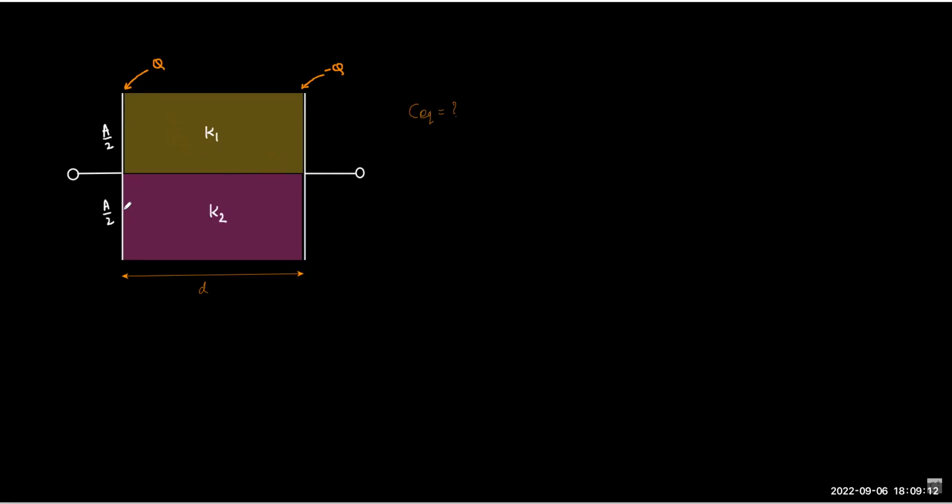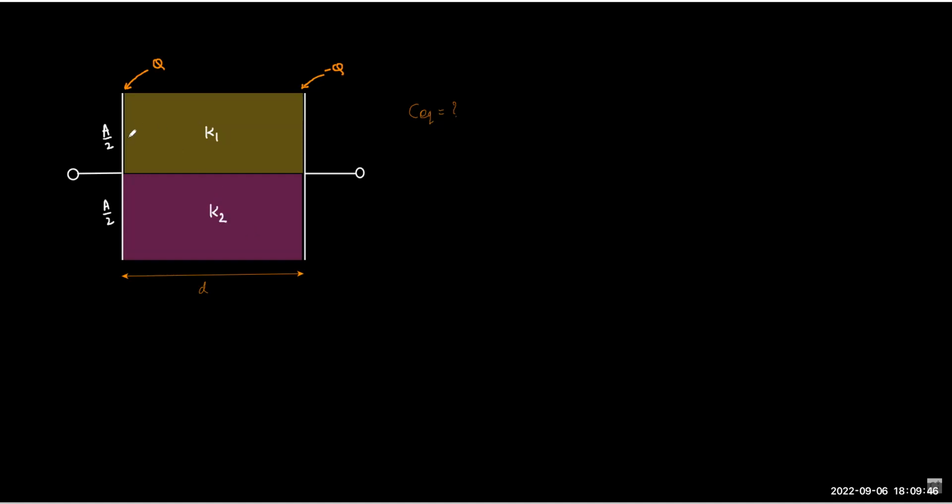But if the plate is creating the same field here also, here it will become E by K2, right? The problem is if you walk across the D length, the potential difference from the top becomes E by K1 times D, and from the bottom it becomes E by K2 times D, isn't it? What does it mean? There are two answers for the same plate, which is not possible.